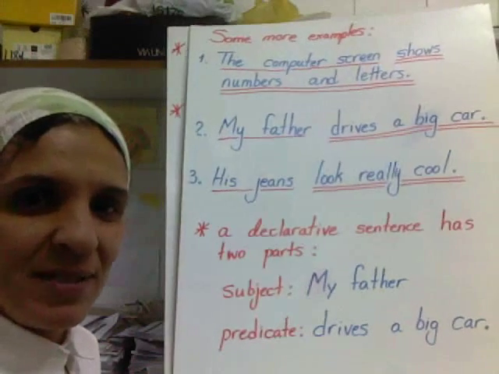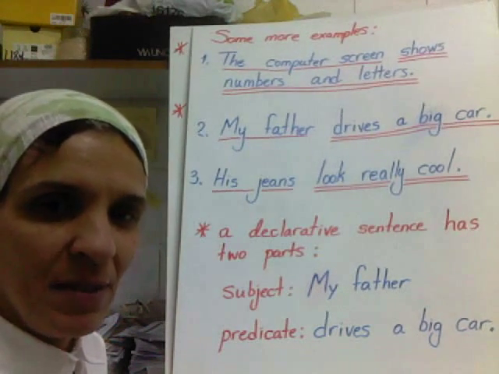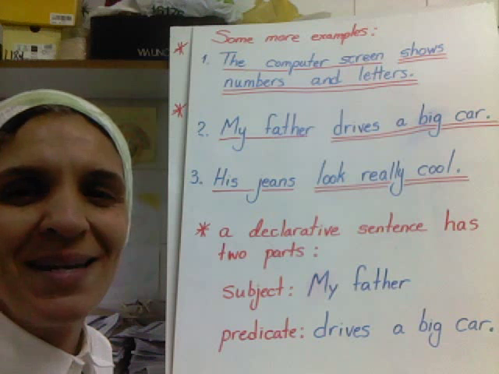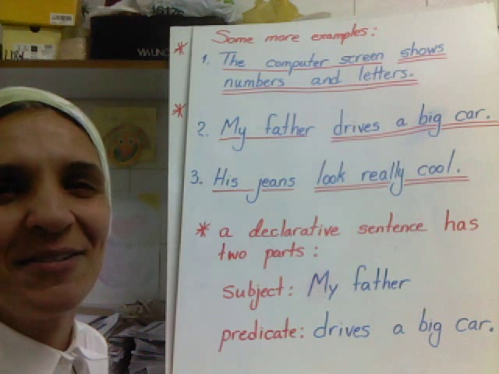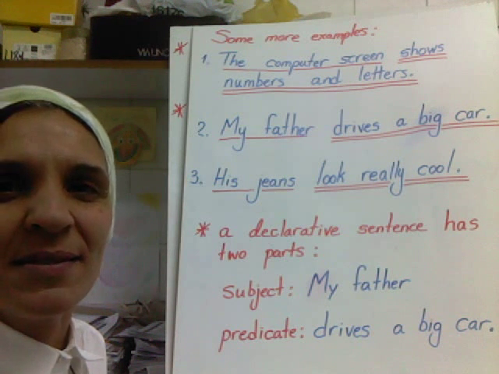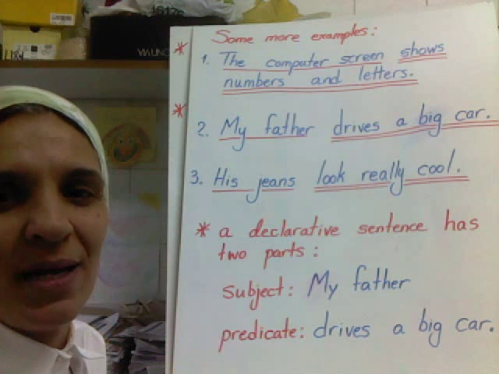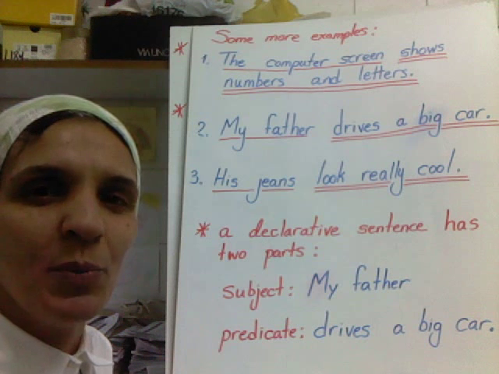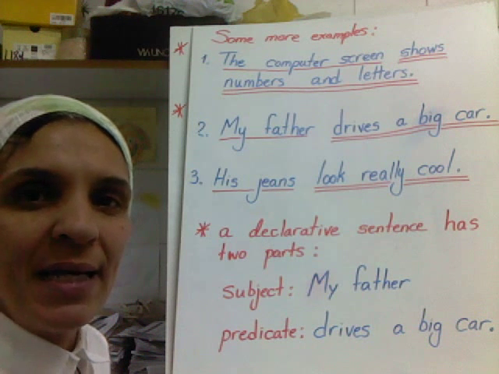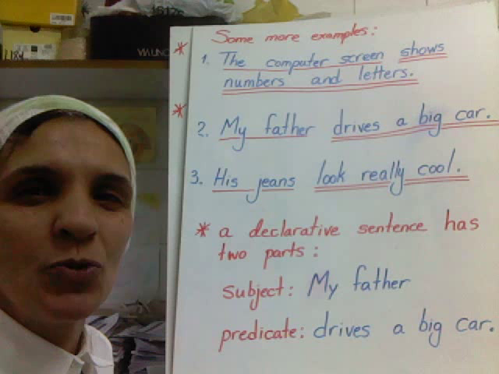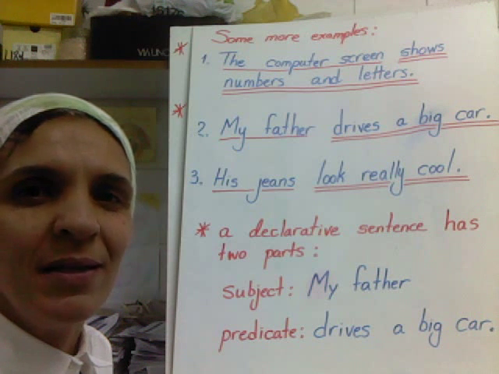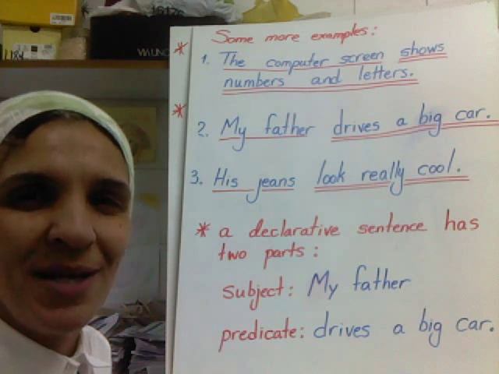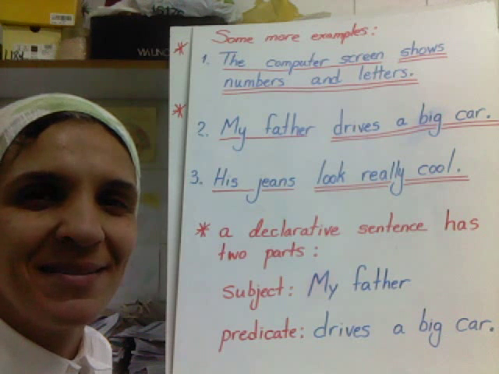So I've written some examples here. Number 1, the computer screen shows numbers and letters. This sentence is about the computer screen. And what is the computer screen doing? It is showing numbers and letters. I underlined the computer screen with one red line because that is the subject of your declarative sentence.